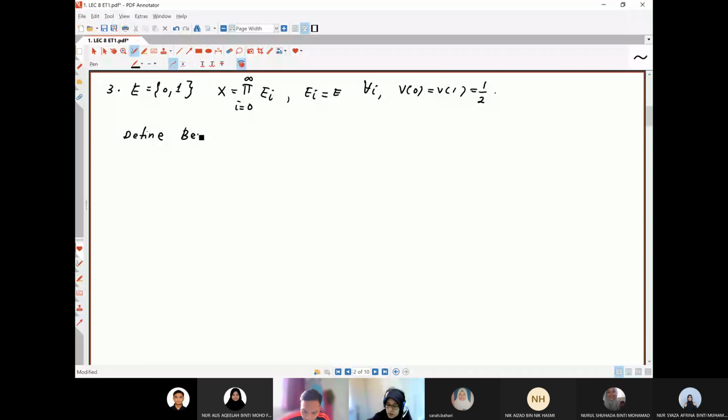So this is the one-sided sequence, because if you can see this one, we go to the right. So it is a one-sided sequence.